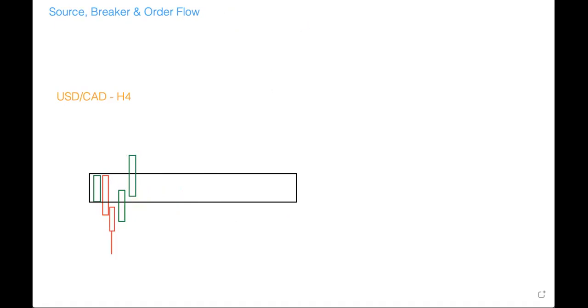And in this case, we are calling this order block, I will make it yellow to show you this order block is called breaker now.